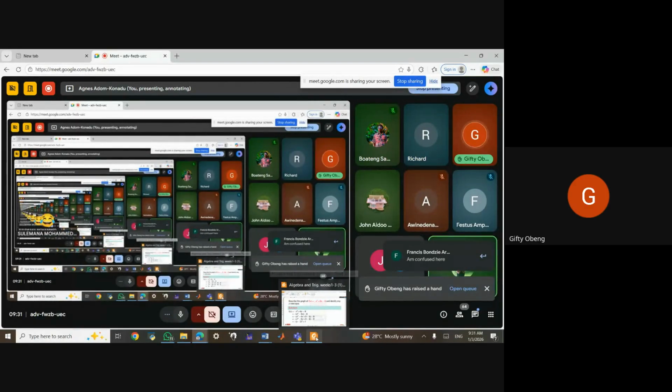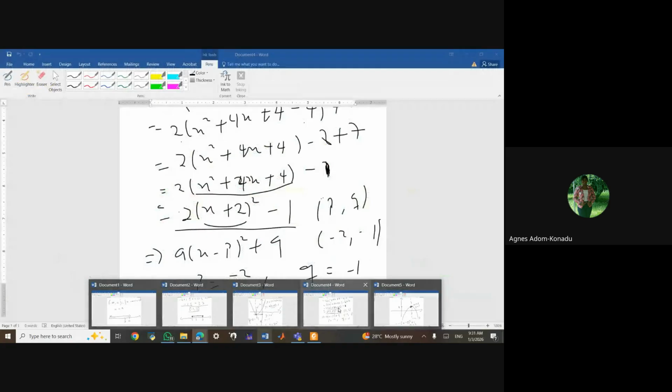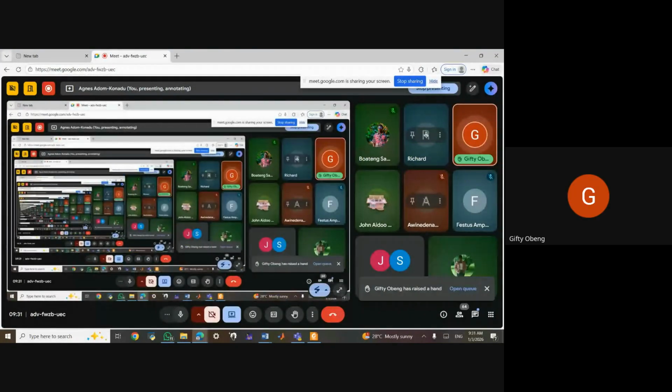Okay, madam. My question is, in using the completing of squares, when the coefficient of x squared is greater than 0, like say 2 or 1 or 3, you factorize it out and divide it through by the other numbers.